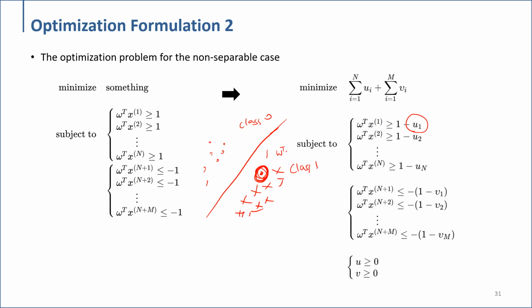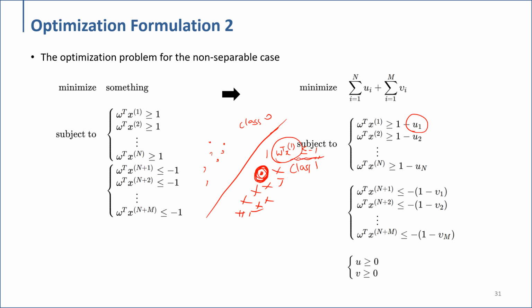But when you calculate omega transpose x for this data, this one will give you -1. But we need to relax, or we need to allow this one to be misclassified.